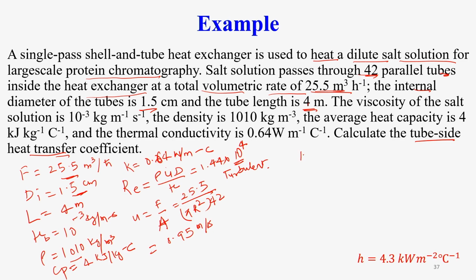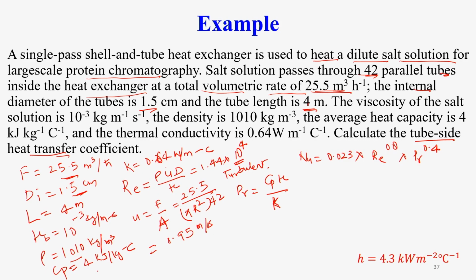The correlation will be Nu as 0.023 into Re to the power 0.8 into Pr to the power 0.4. Now we can quickly calculate the Prandtl number. So Pr will be Cp mu upon K. All the parameters are given.